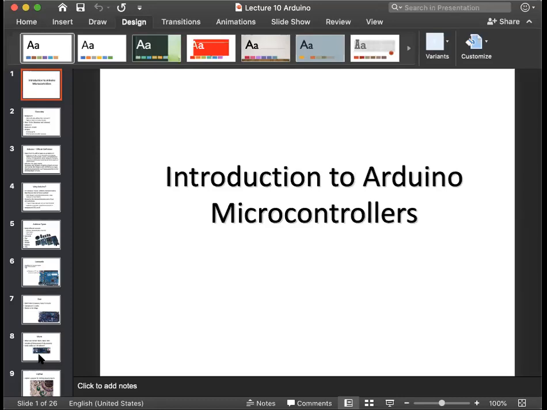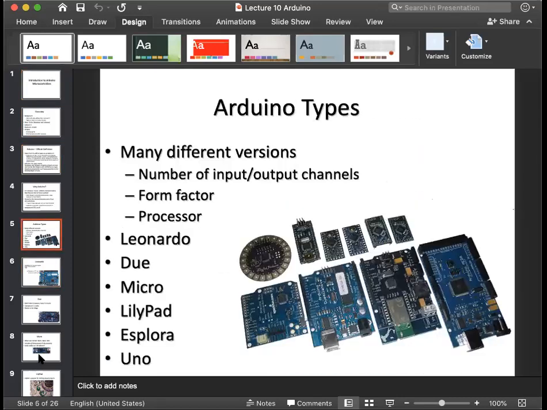There are so many different types of Arduino, as you can see: Leonardo, Duo, Micro, Lilypad, Esplora, Uno. These are the different types of Arduinos. In your assignment you will get a question from here. If you do not find anything particular in this slide, you may search in Google and add it to your assignment, which will be very much appreciated.